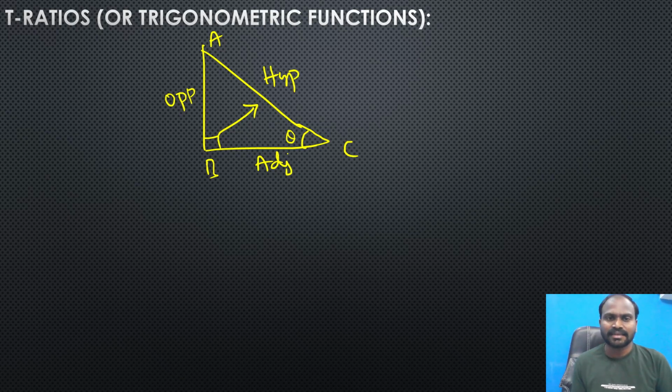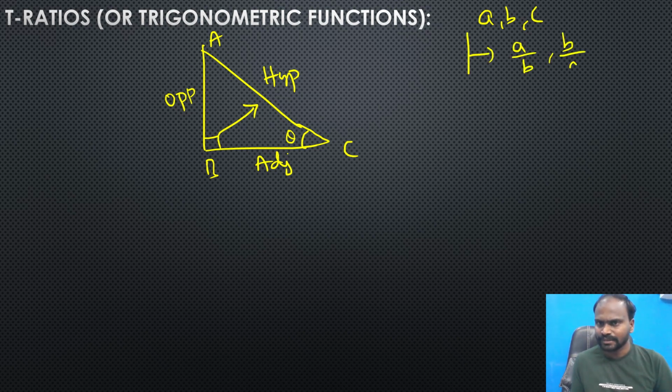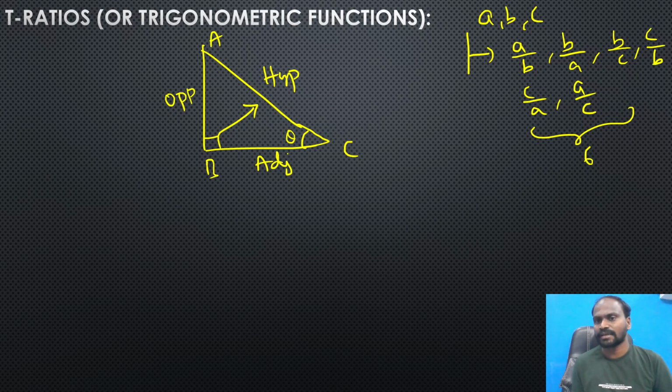So here we have three sides. By using three numbers, how many ratios can we form? A by B, B by A, B by C, C by B, C by A, A by C. In total, 6 ratios we can form.